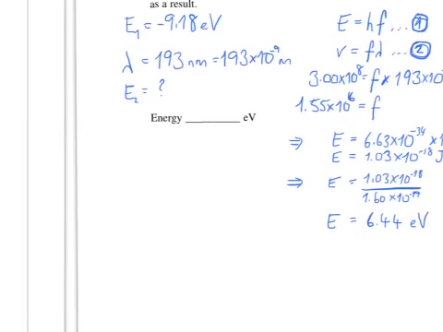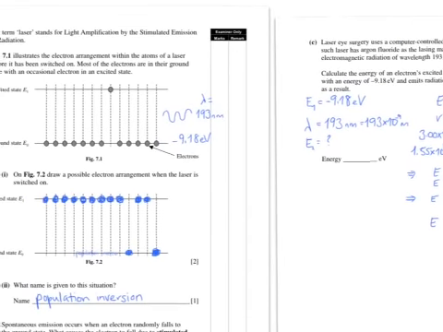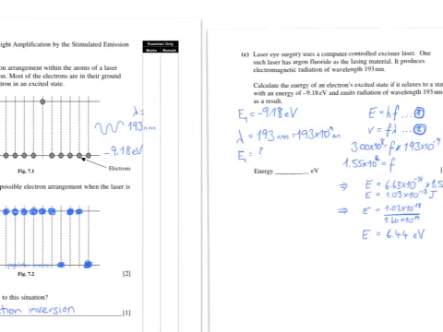Let's just look again at this diagram on our left, and if you remember, it said that this wavelength is the equivalent then of 6.44 electronvolts. So if the difference between minus 9.18 electronvolts and our top level here is 6.44 electronvolts, then what is this top level?